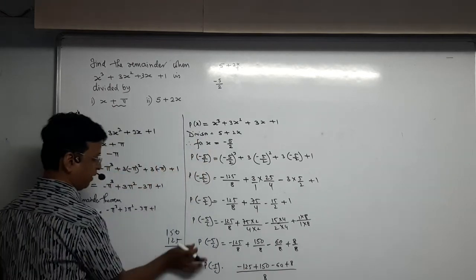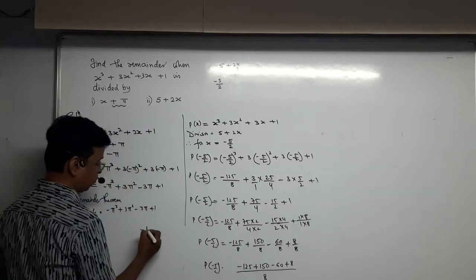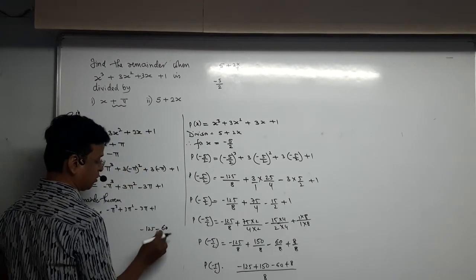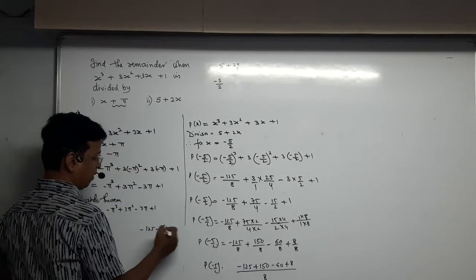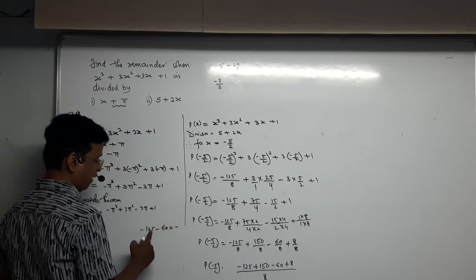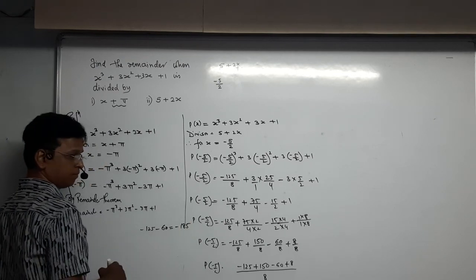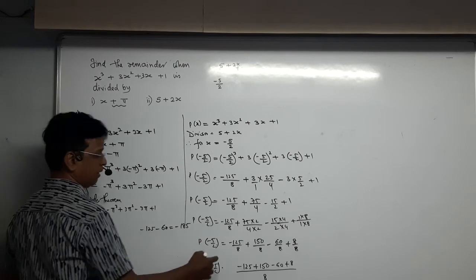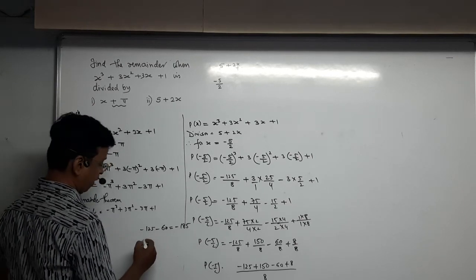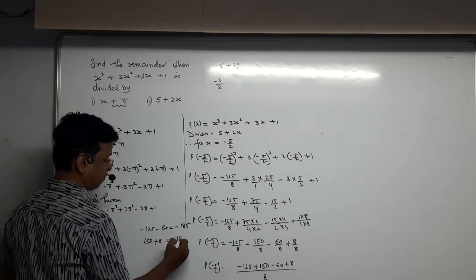You can do it in any way now. So first I will do minus 125 minus 60, because this I will have to add, and 150 plus 8. Minus 125 minus 60, this will be adding, answer will be minus 185. These two will be added, minus 185, and the next one is 150 plus 8, this will be 158.